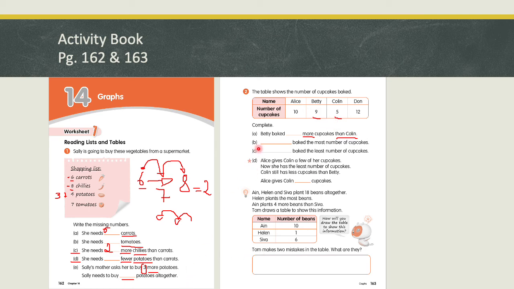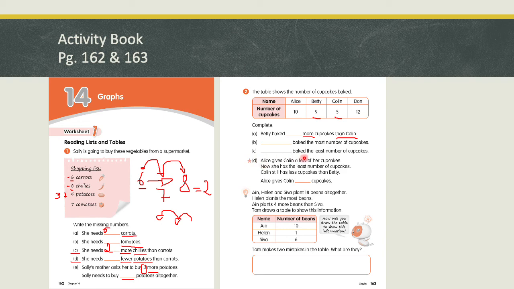Next is B. We need a name over here. Baked the most number of cupcakes. So who has the highest number of cupcakes? Is it Alice, Betty, Colin, or Dawn? Which number is higher, 10, 9, 5, or 12?